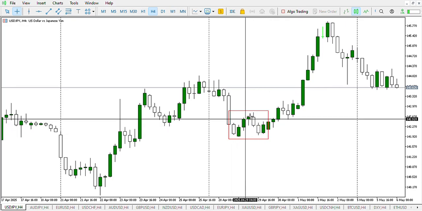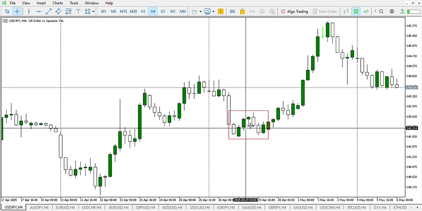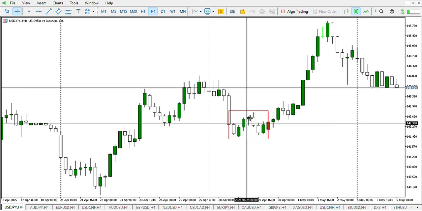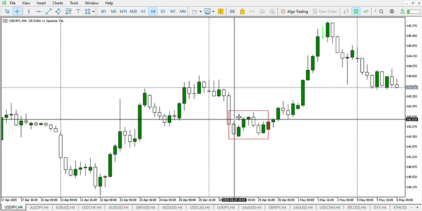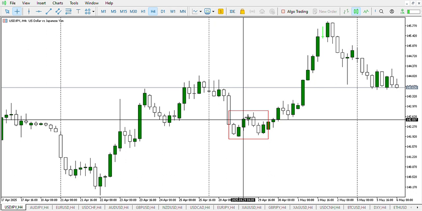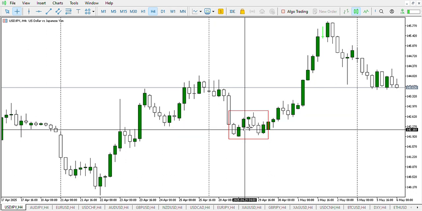Because if you are buying while this candle is forming before it closes, then you are setting yourself up for trouble, because before the close of this candle the market could do anything. So that is why the candlestick close is very important.